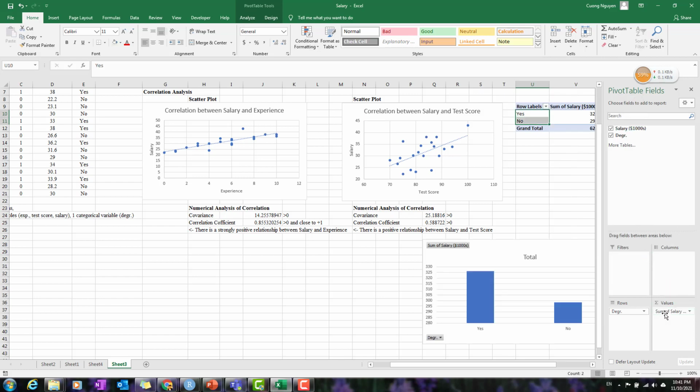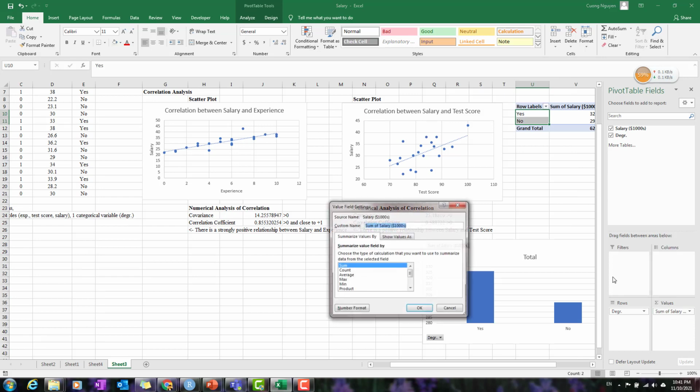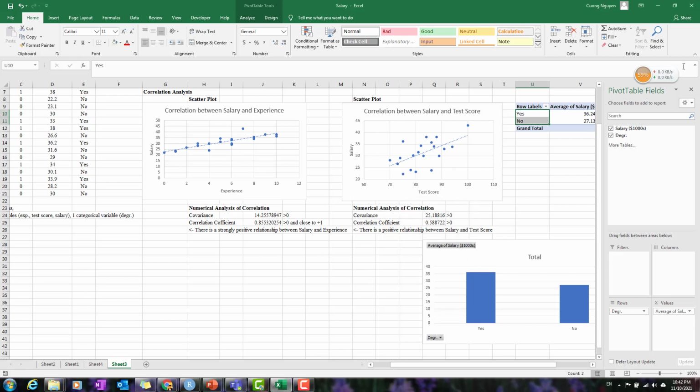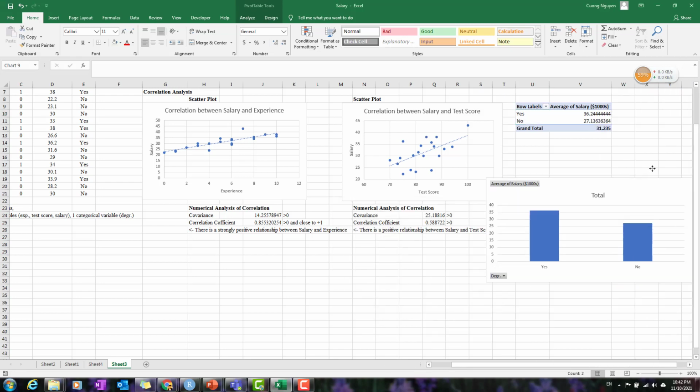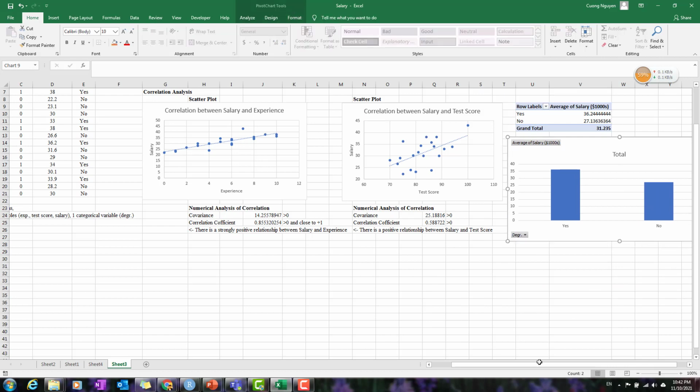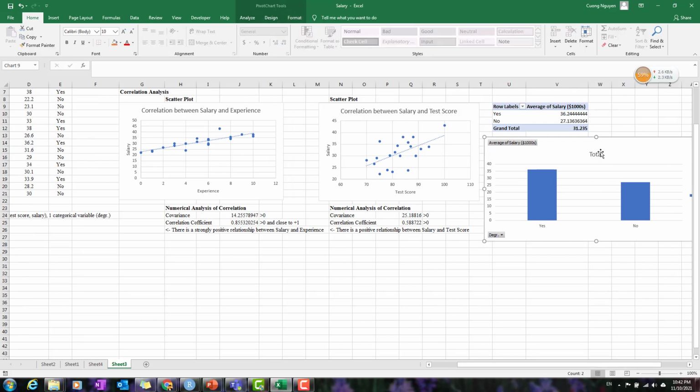Then I put in the values, but not the sum of values. I want to change them into the average, so I can see the average income of the people who have a graduate degree.